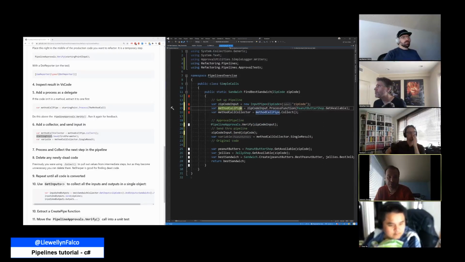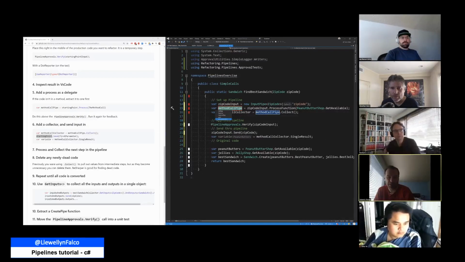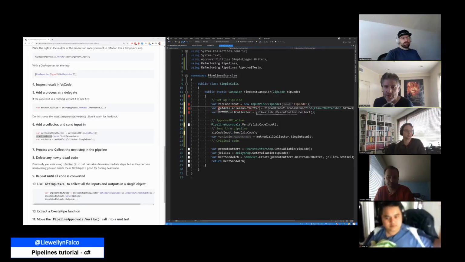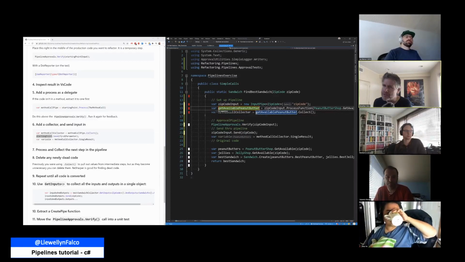Can you make it more, maybe like get available in a butter shop? I'm not sure. It's kind of too long. So usually we name the pipe based on what it gets back. Or is it what goes into it?